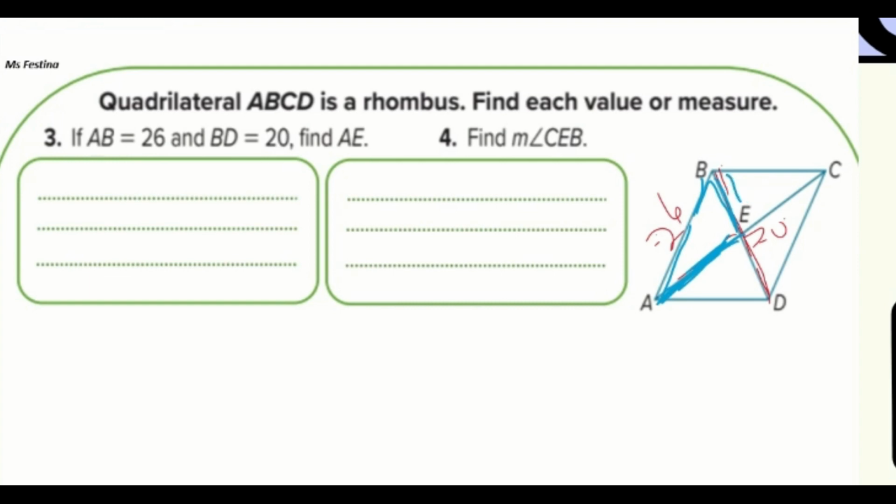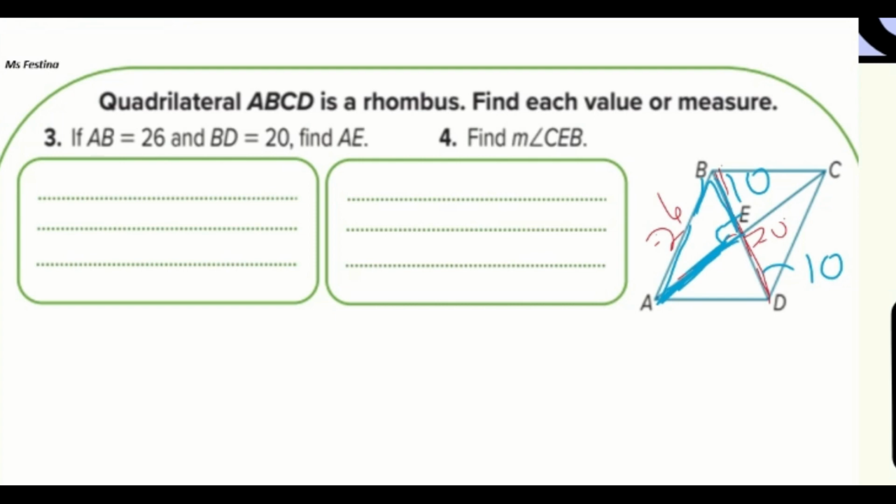So it's going to be equal to 10, and this is also going to be equal to 10. They add up to 20. The other thing that we know is that the diagonals of a rhombus bisect each other, and they don't just bisect each other, but they form a 90 degree angle there.